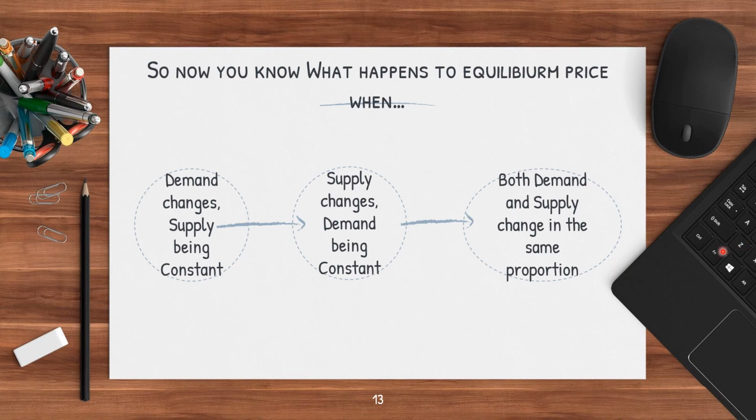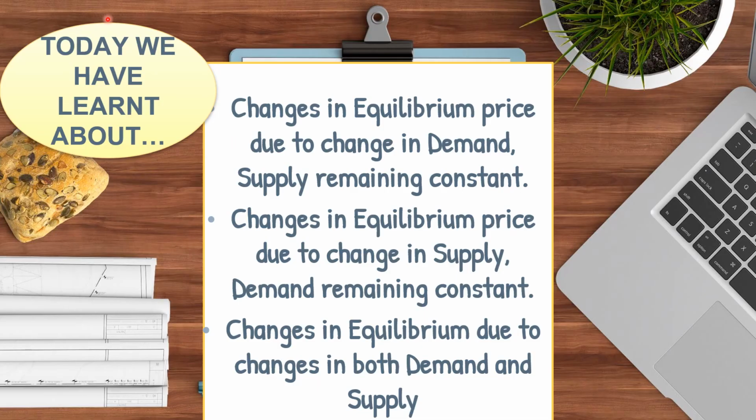Let us now sum it up. Today we have learned about changes in equilibrium price due to change in demand, supply being constant, changes in equilibrium price due to change in supply, demand remaining constant, and we studied the change in equilibrium due to change in both demand and supply.